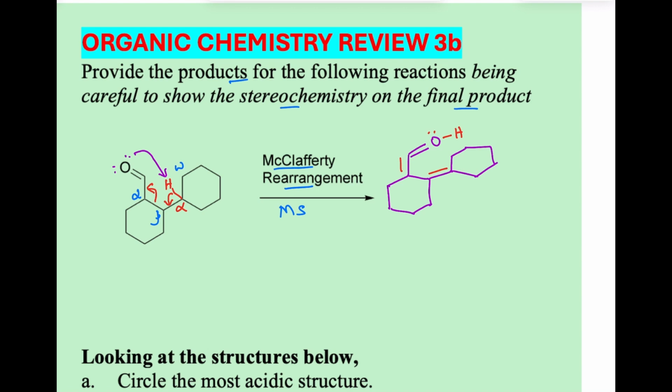And then at the same time, the double bond to oxygen will have two electrons move to oxygen to restore the two electron pairs. So in that case, we remove that double bond from oxygen, and now we reintroduce the electron pair.